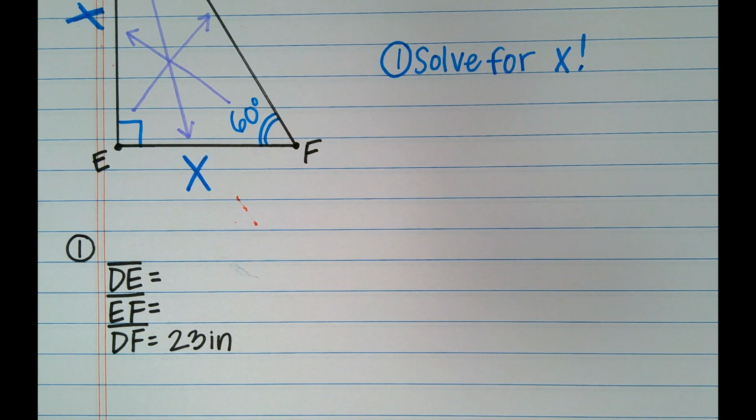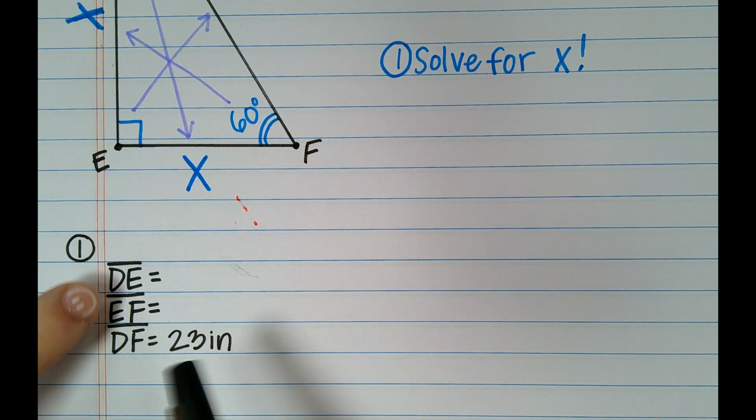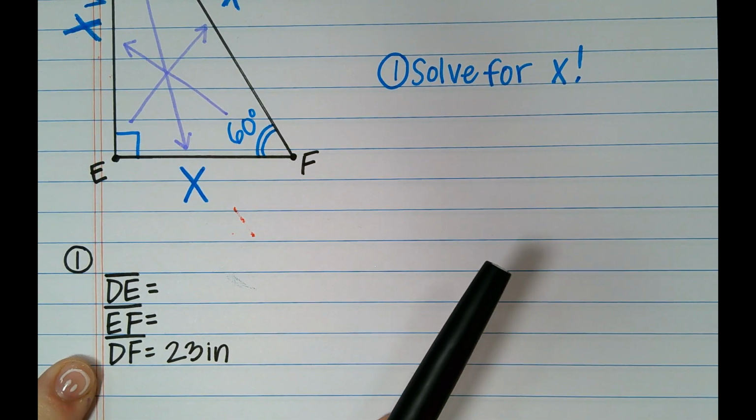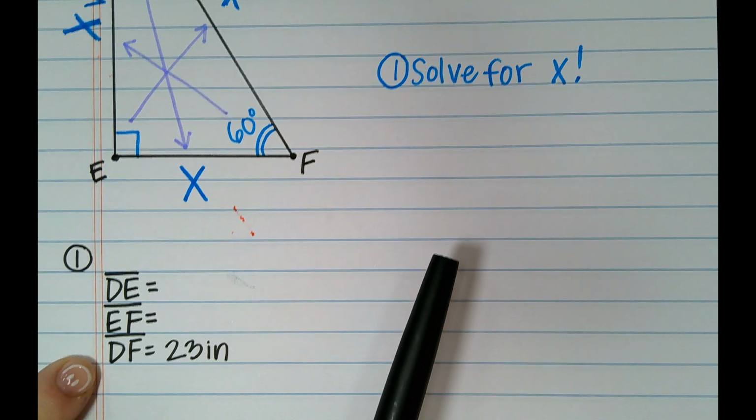You can do 23 times 2. Let's see. So we're solving for what? What are we trying to find right now? We're solving for X. Okay. So do we know what X is yet? We don't know what X is.